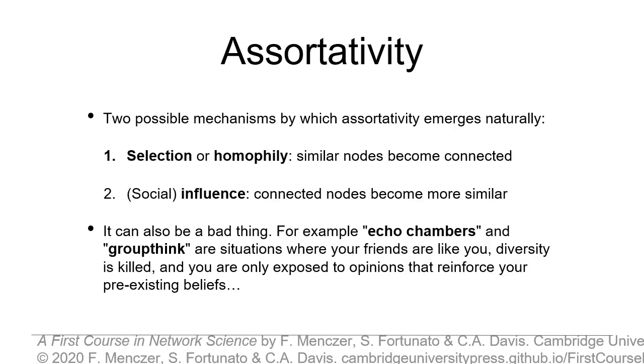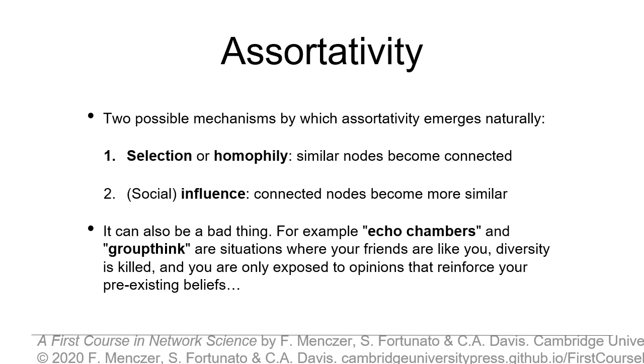Okay, finally, let's check out associativity. Associativity means homophily. Homophily means similar nodes become connected. Social influence means connected nodes become more similar. If the network has high homophily, it can also be a bad thing.